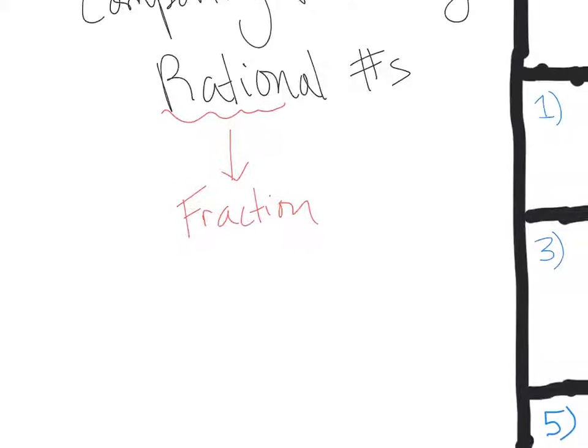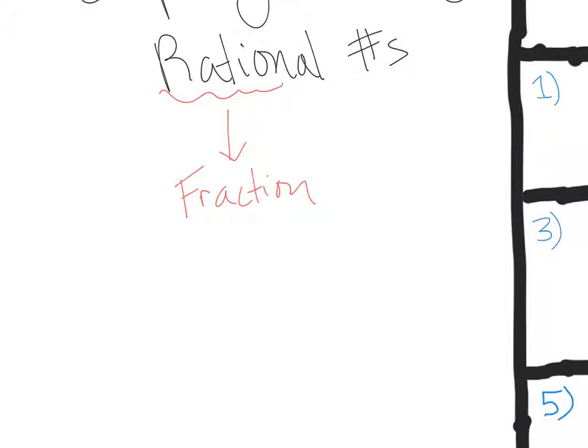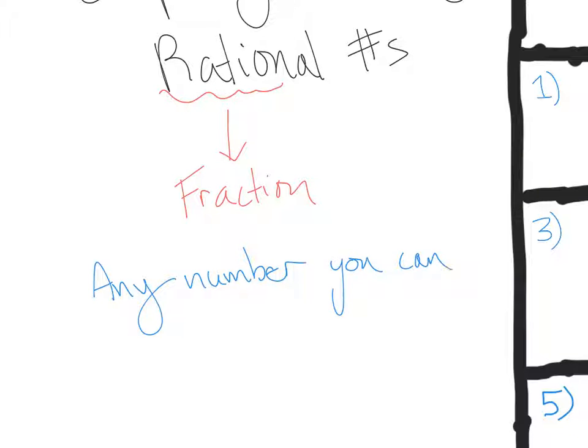So a rational number is any number you can write as a fraction. That's basically what the definition of a rational number is.